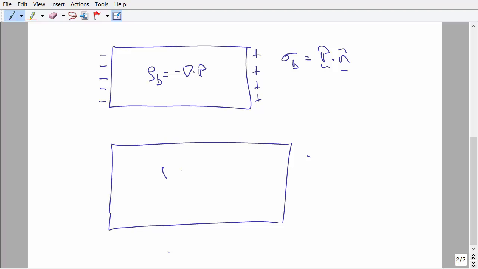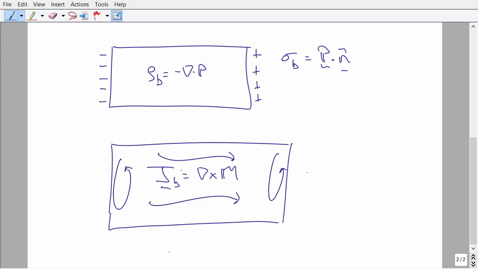So we have a volume current density, J_B, which really is this quantity, and surface current densities. So these are bound current densities, if you like, that are in the material, and surface current densities flowing on the surfaces, and these are given by our formula, which is the cross product of the magnetization with the surface normal.